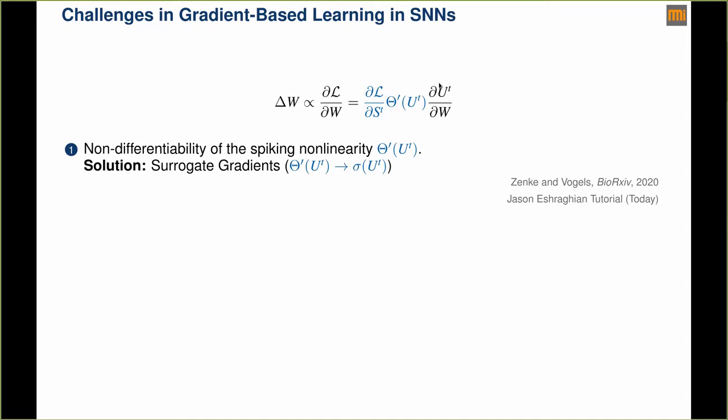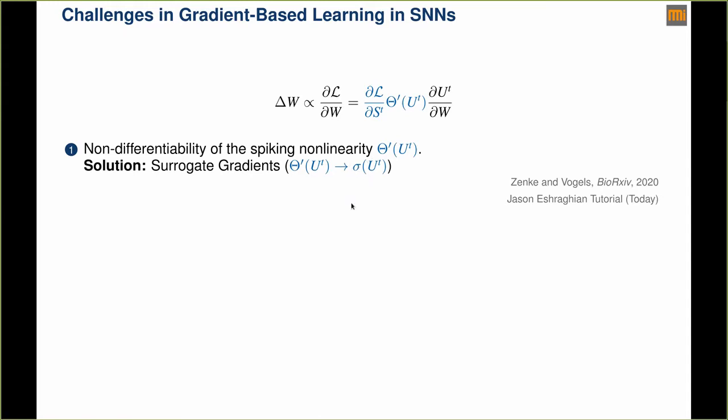And the final term is how a weight is going to change the membrane potential. So we have this problem, firstly, that this term here is non-differentiable. For the purposes of optimization, we can make this function continuous, so differentiable, such that we can now take its derivative.